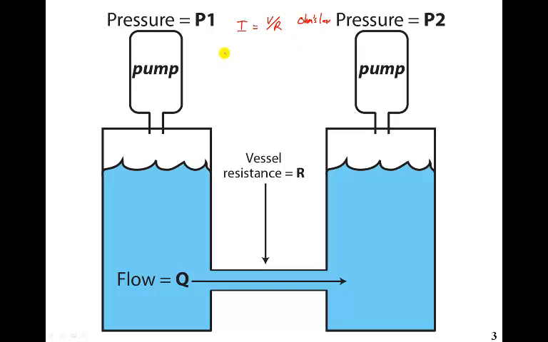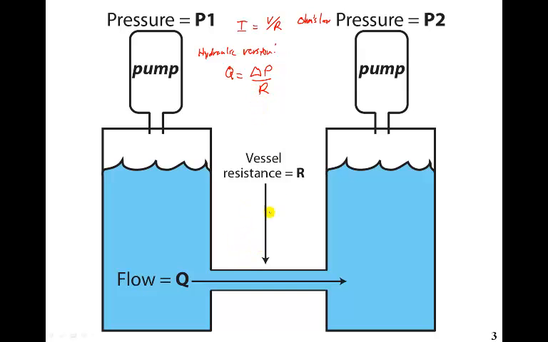So you can actually take the same law and do what I call the hydraulic version. And it looks like this: Q is equal to delta P over R. Okay, so bigger pressure difference gives you more flow.